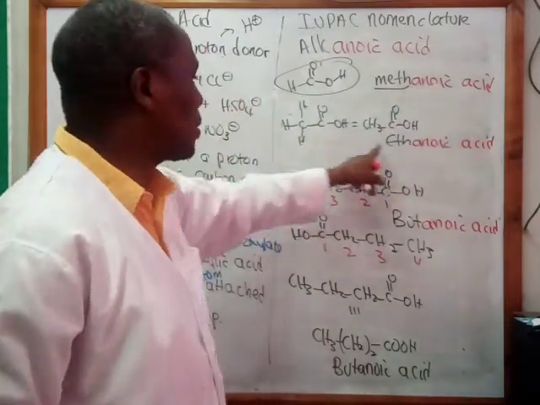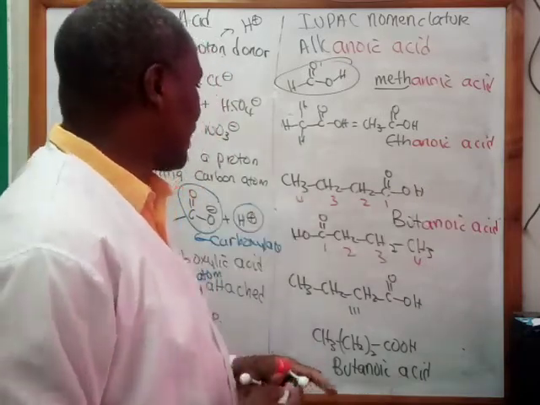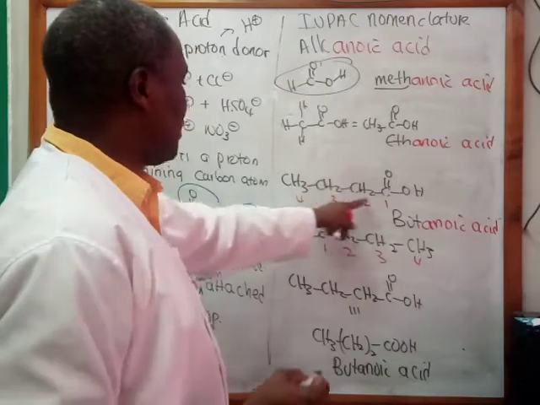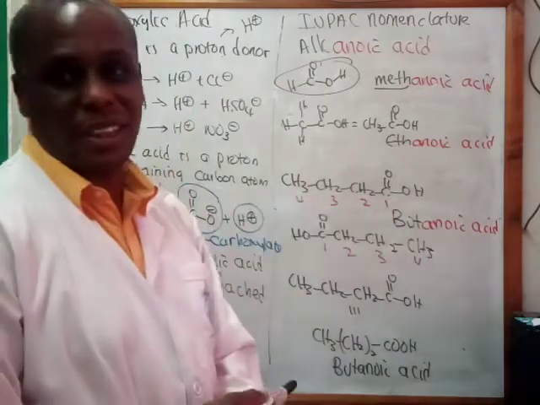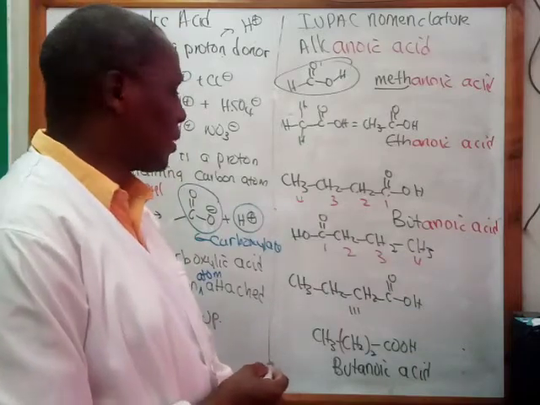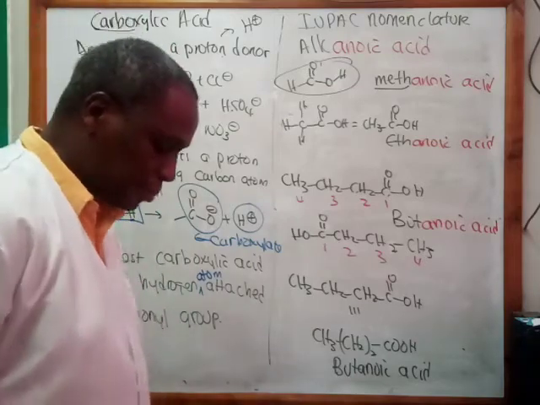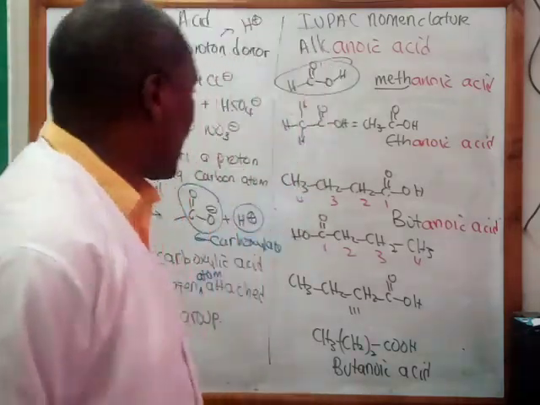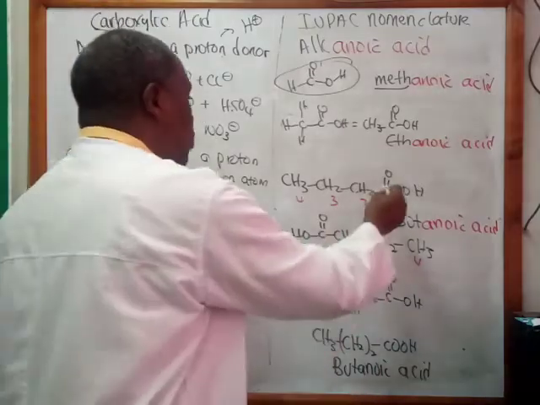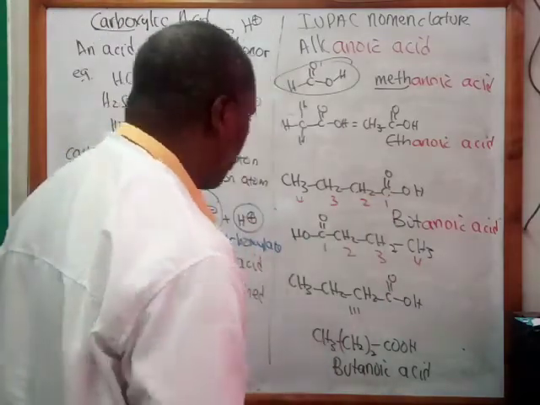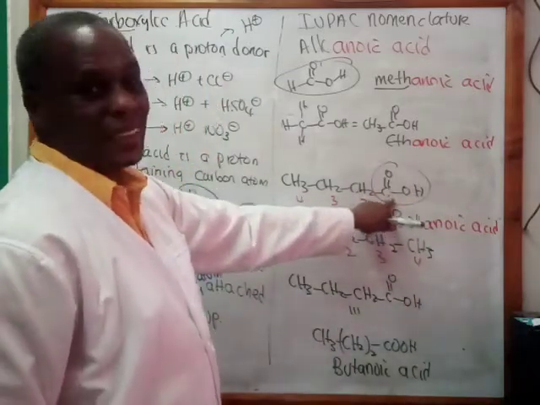For two carbon atoms, ethanoic acid. Now if it has, like this one, 4 carbon atoms, it will be 1, 2, 3, 4. Butanoic acid. Now, where there is the carboxylic acid group, which I'm going to highlight here, that's where you number as carbon number 1.